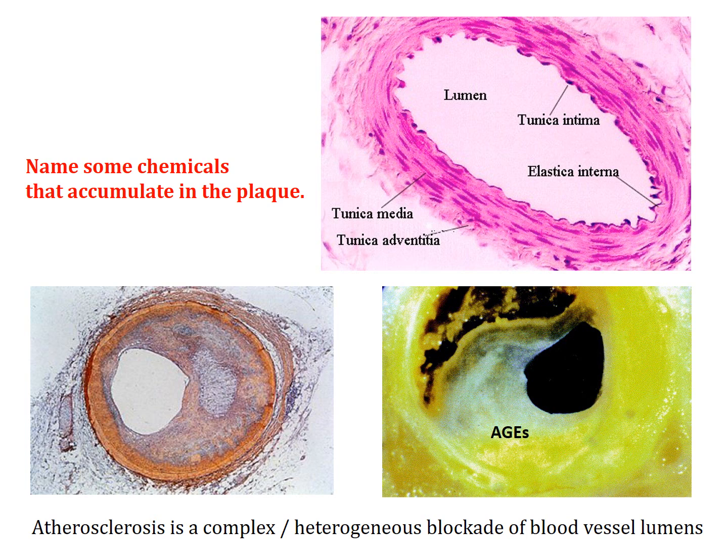Let's name some types of chemicals that are accumulating in that plaque. I think everybody knows that we have cholesterol accumulating in that plaque. Other types of low-density lipids are accumulating in that plaque, carbohydrates, fibrotic cells, inflammatory cells.